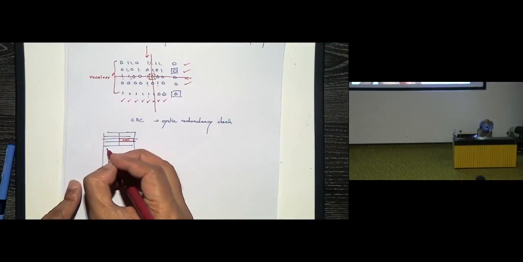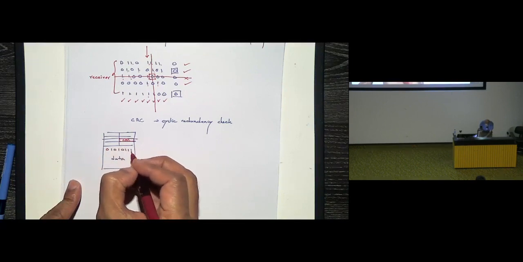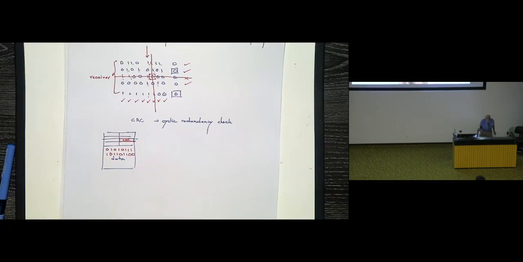Let's say this data is something like this, right? Again, let me use my machine and convert this to decimal. What did I write? 0, 1, 0, 1, 0, 1, 1, 1, 1, 0, 1, 1, 0, 1, 1, 0, 0.